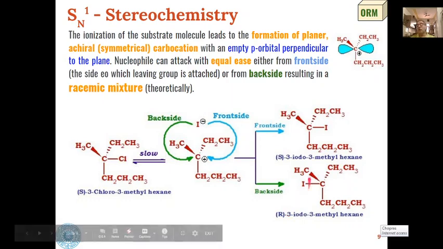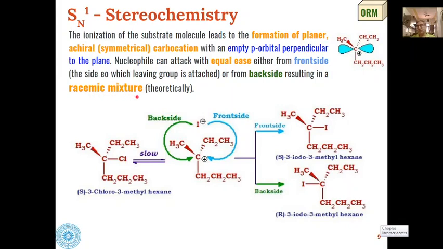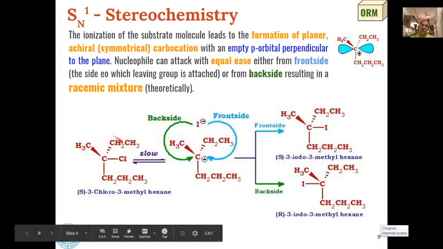And we know that when two enantiomers of opposite signs are mixed in equal proportions, the kind of product formed is a racemic mixture. 50% of S, 50% of R. So the product formed will be a racemic mixture. So if the reaction is following the SN1 mechanism, any optically active reactant will give us a racemic mixture theoretically.